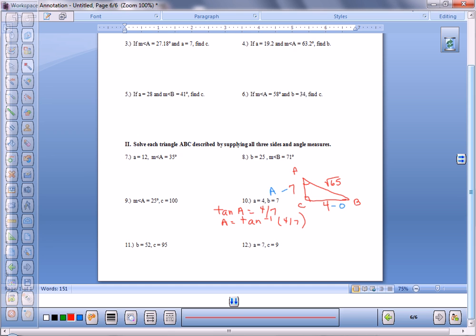You see sine, cosine, tangent. If you hit the second button and one of those, it's inverse. If you don't have a smartphone and you don't have a calculator, but you do have a computer, you can go into the calculator on the computer, or you can Google trig calculator, and lots of options will pop up. So we have lots of ways we can do our homework, even if we don't have a calculator.